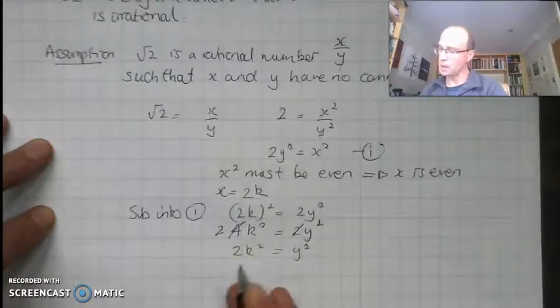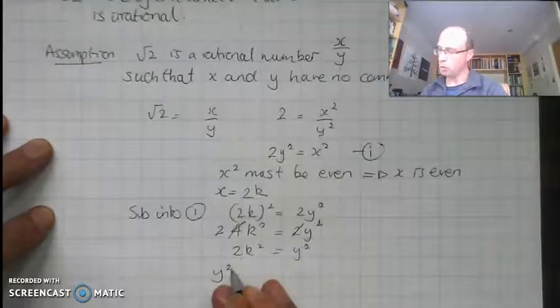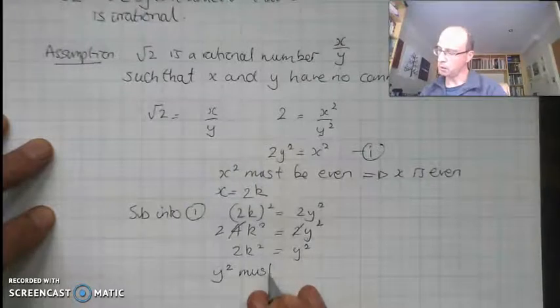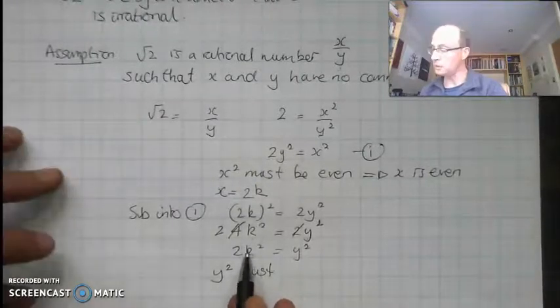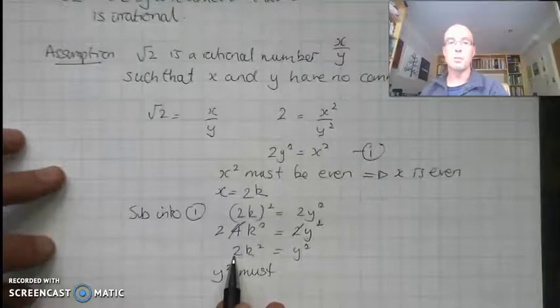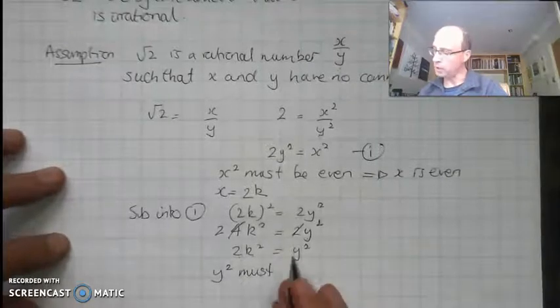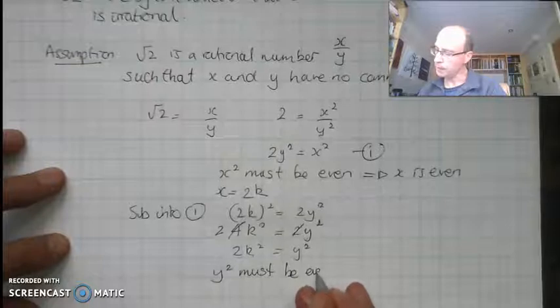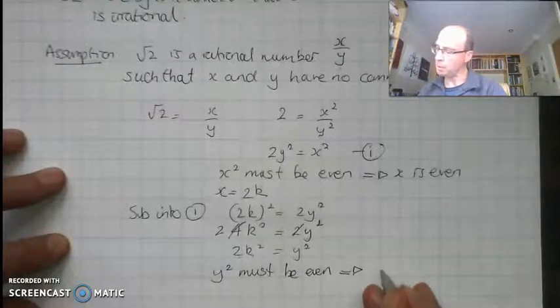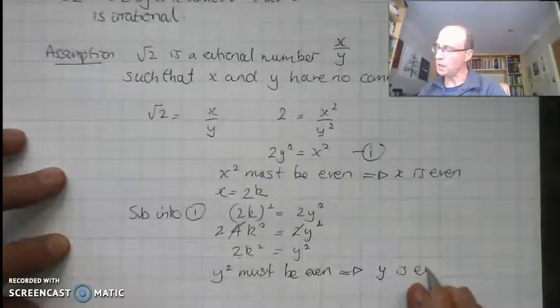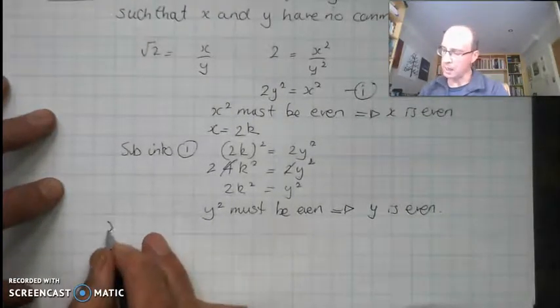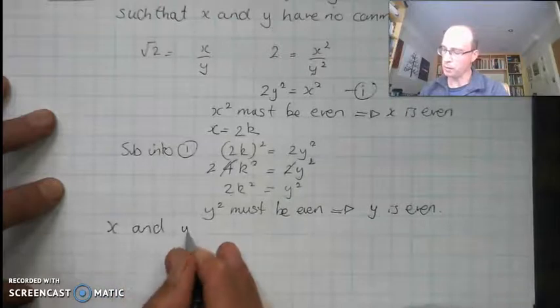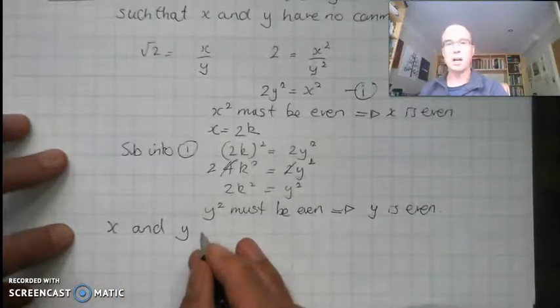Well, that means that y squared must also be even. It's 2 lots of anything, something squared. Doesn't matter what that is. It's an integer value squared, multiplied by 2. It's going to be even. If that's even, that implies that y is even. What that means is that x and y share a common factor of 2.